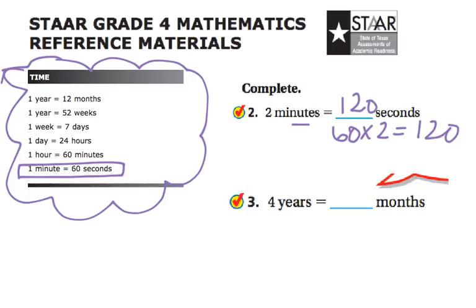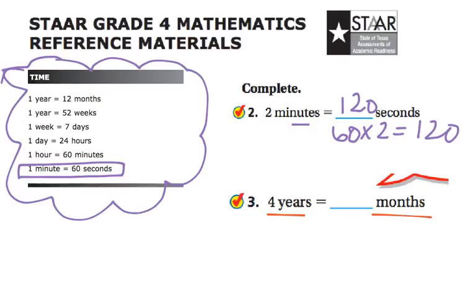If I was creating a chart, 1 minute would be 60 seconds, 2 minutes would be 120 seconds, 3 minutes would be 180 seconds, and I would see a pattern.